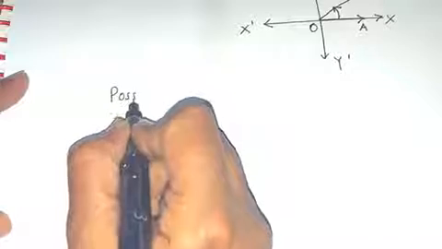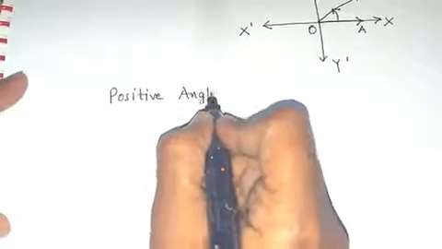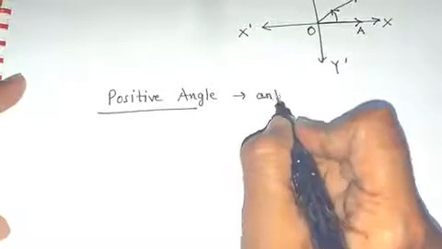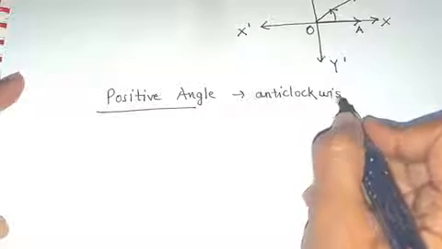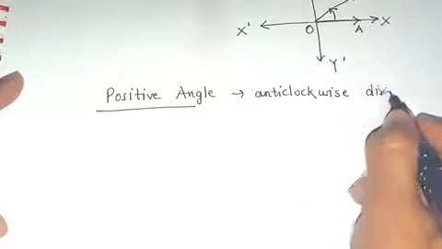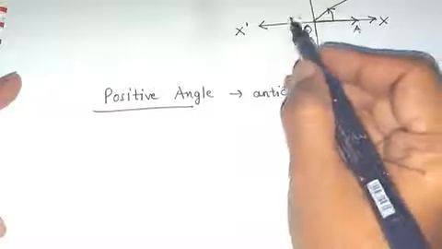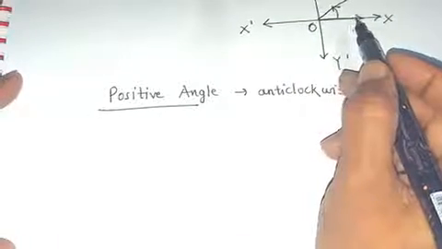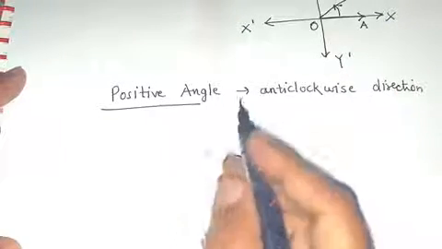So first of all comes a positive angle, an angle which is made in anti-clockwise direction. As this figure has made an angle in the anti-clockwise direction, that is opposite to the direction of needle of clock, this will be called a positive angle.